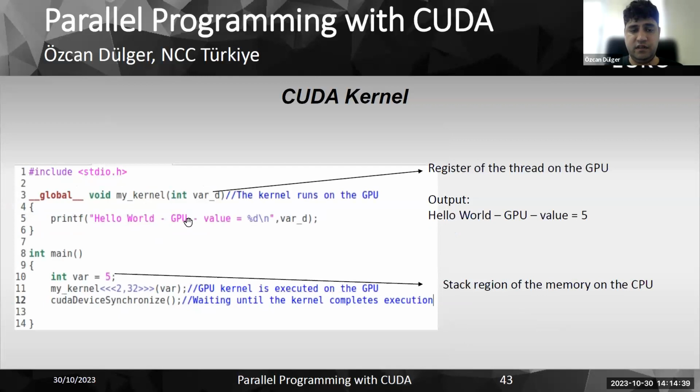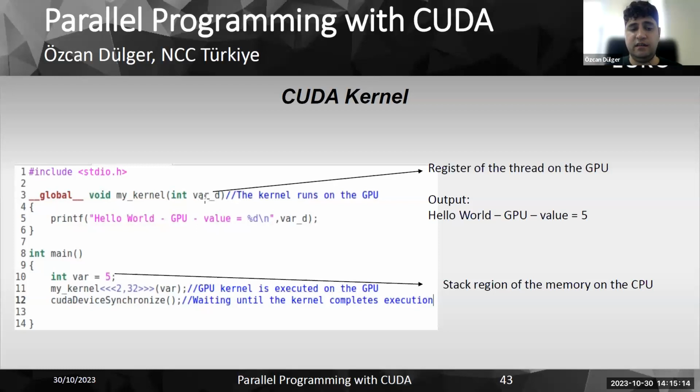Let's continue with the kernel parameters. If we have a variable allocated in the memory of the CPU, we can pass this variable as the parameter of the kernel. There will be a memory location allocated on the GPU for this variable.